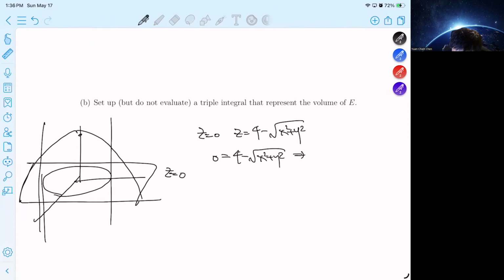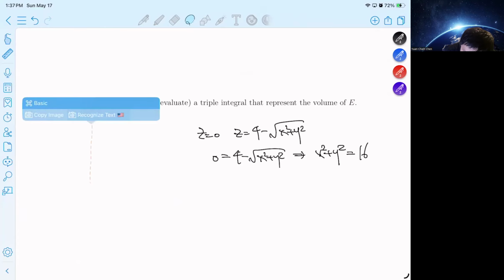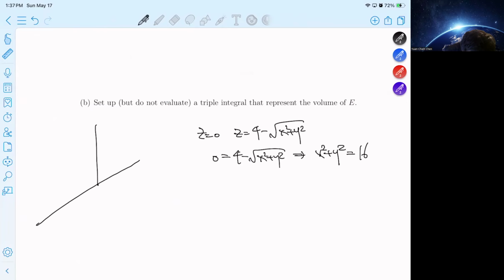So we exactly have x squared plus y squared equals 16. So the intersection there is 16. Maybe I'll draw slightly clearer. So it will look like this. If we draw the cone first, it will look like this. So this is the radius of 4. This is my cone.